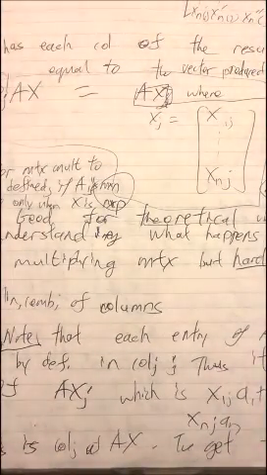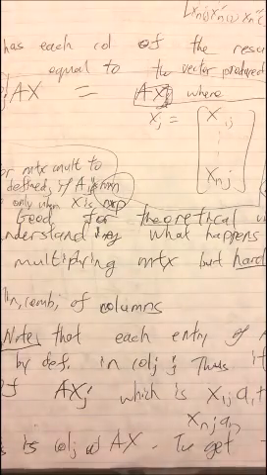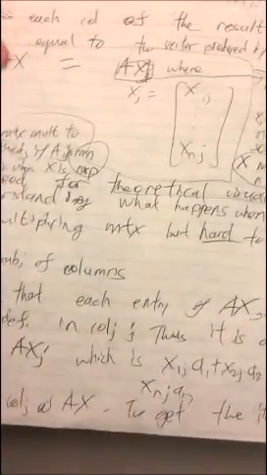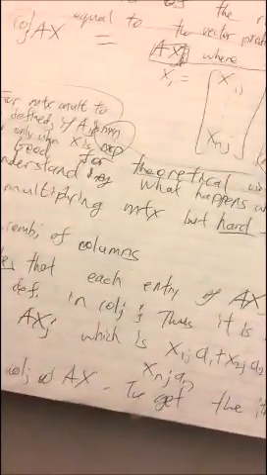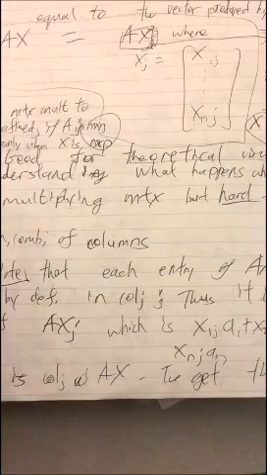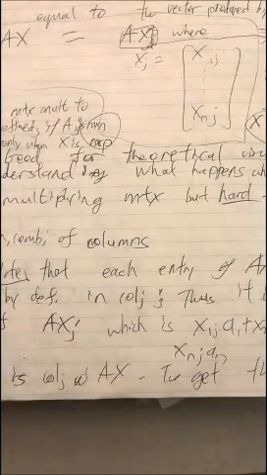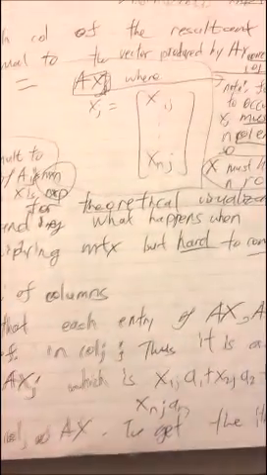So this column summation definition of matrix multiplication is a great way for theoretically understanding what happens when you have some columns and then you want to add them up.